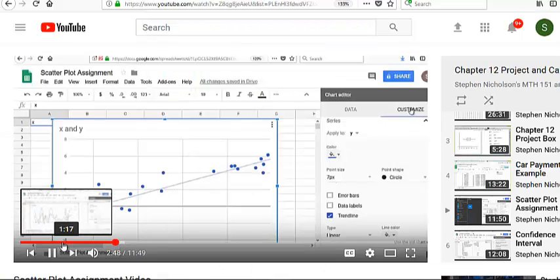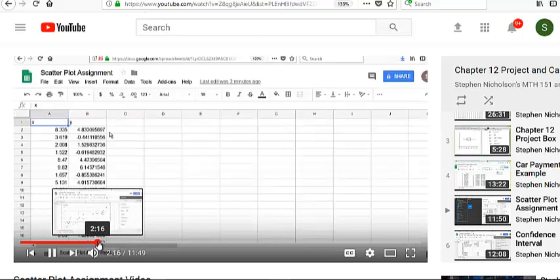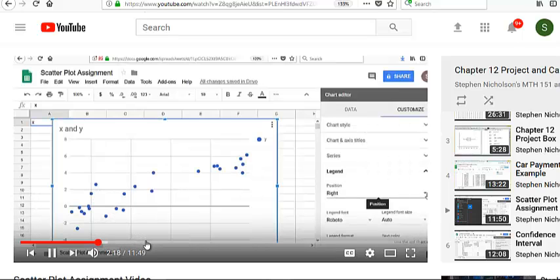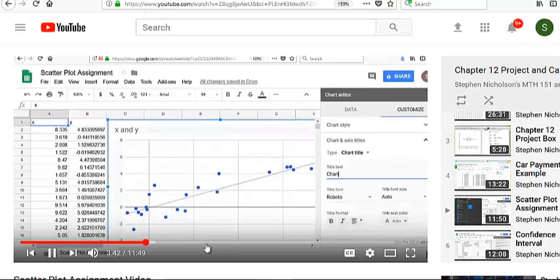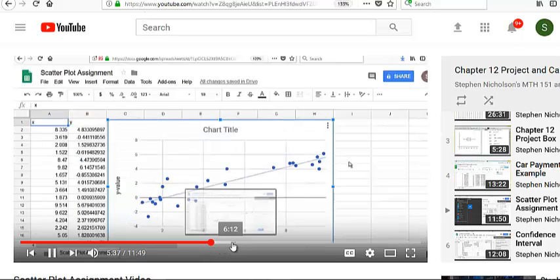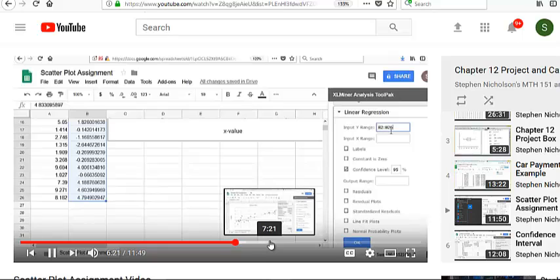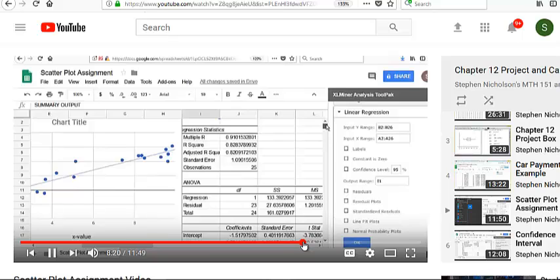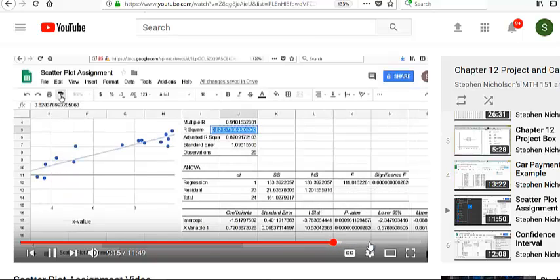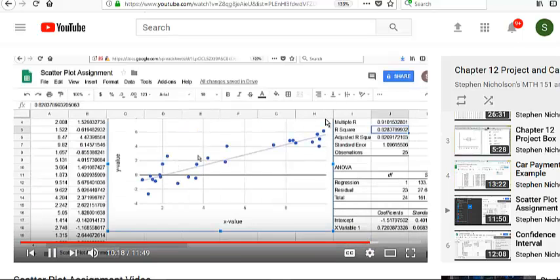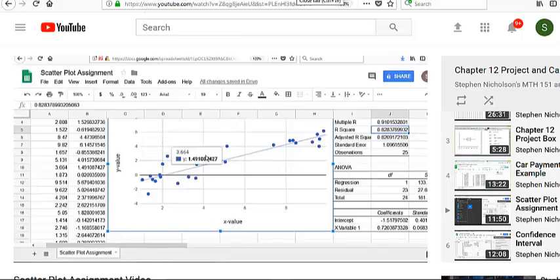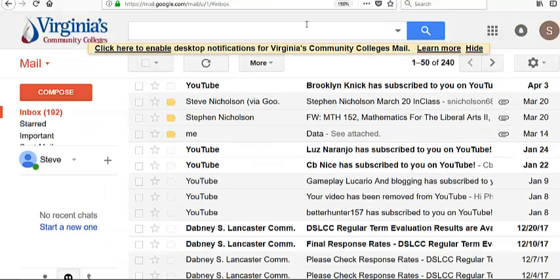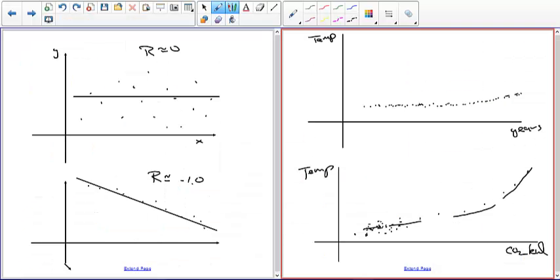It basically goes through importing the data, creating the plot, making some edits to the plot in terms of title, how to do the linear regression, and everything we've talked about today. Okay? So it's due the same day. Okay, so that's it for scatter plots.